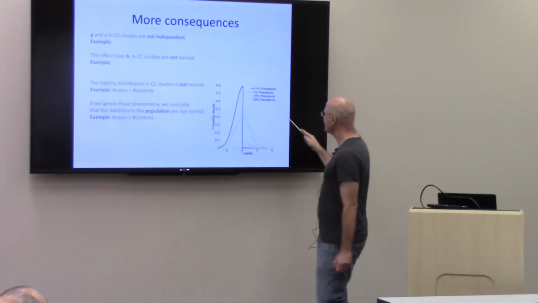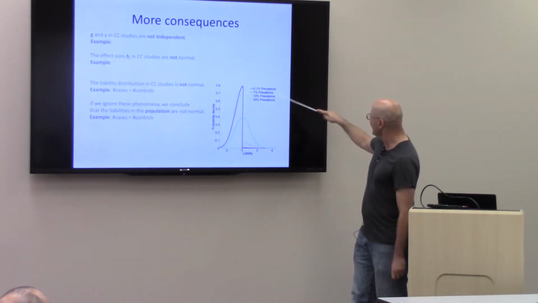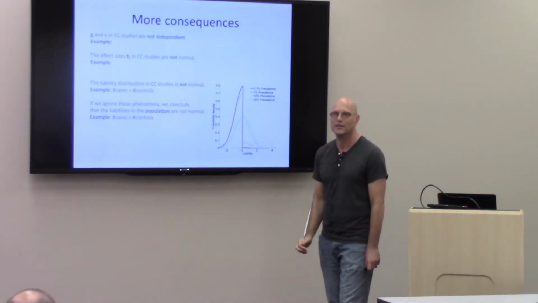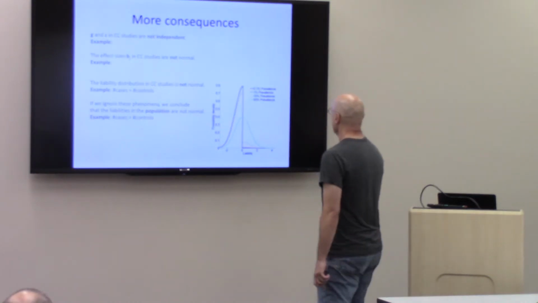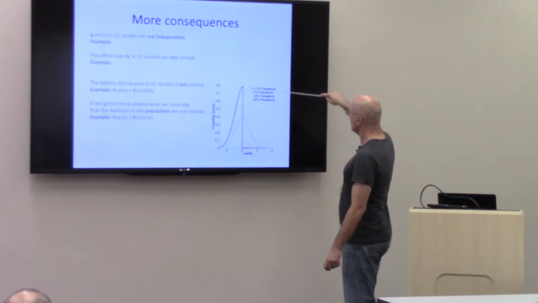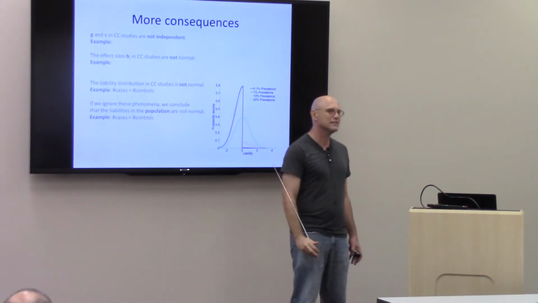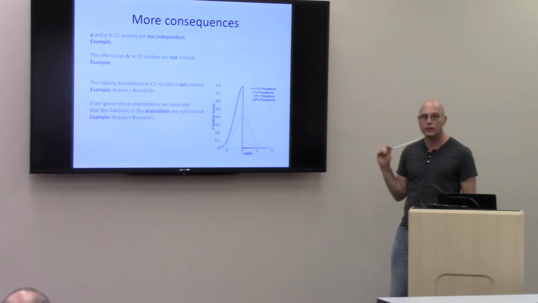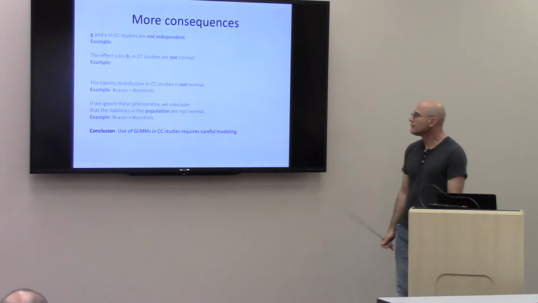And we get these kinds of pictures, where we're assuming the liability behaves like a nice normal, and then it drops almost to zero immediately because we invert this inflation. If we think that this is a reasonable distribution for the liability in the population, we may say this is fine. But we have to understand that this is what we're assuming about the behavior of the liability in the population.